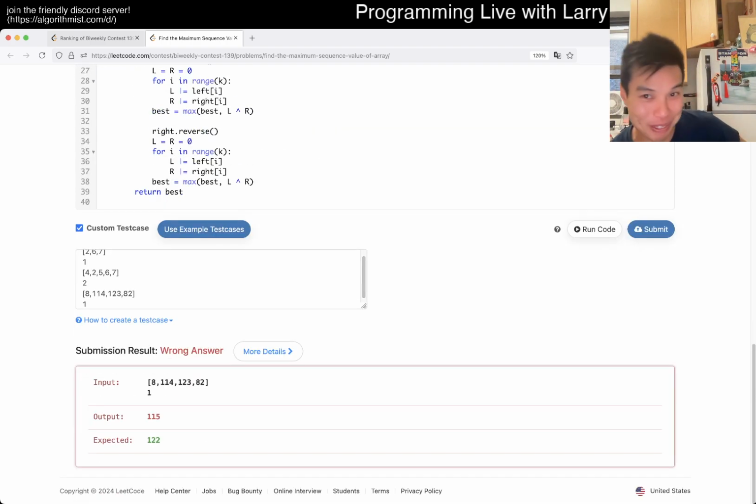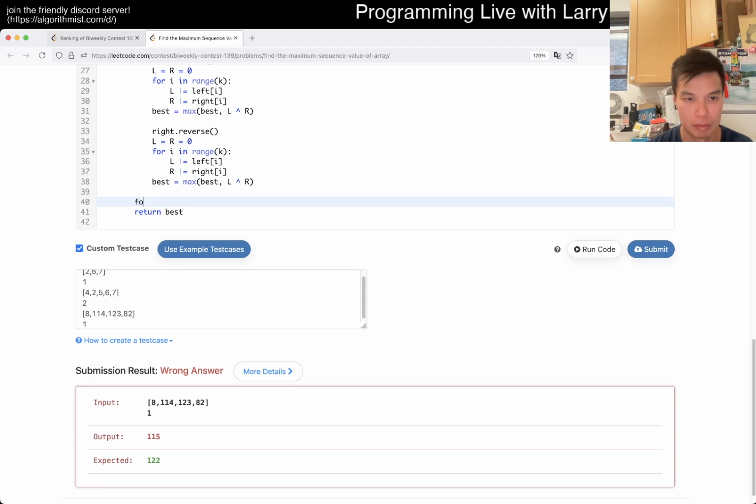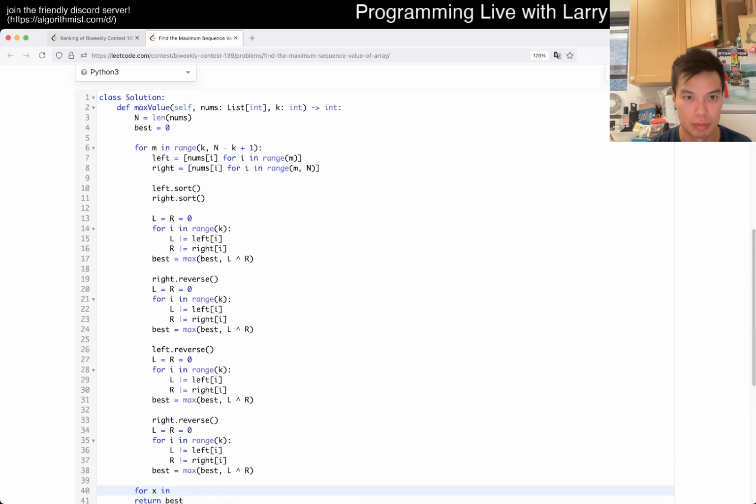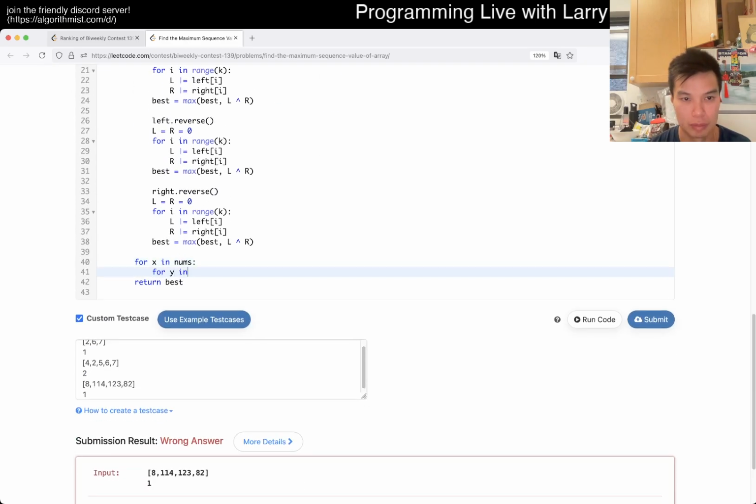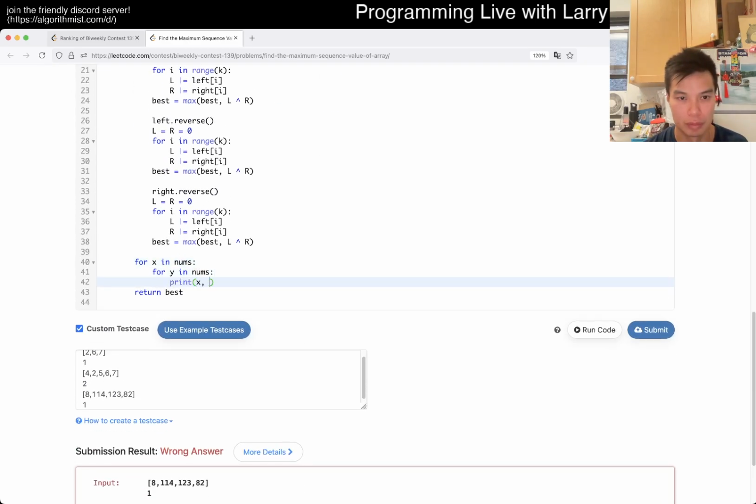I was hoping greedy would work because I have no idea. For one number though, what is the answer? Like, why doesn't greedy work?